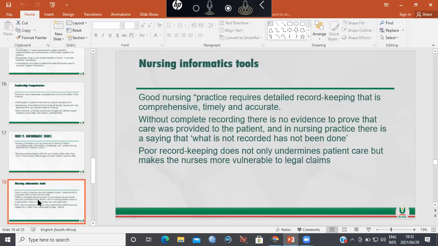And in nursing practice, there is a saying that what is not recorded has not been done. In fact, poor record keeping does not only undermine patient's care, but makes the nurse more vulnerable to legal issues.